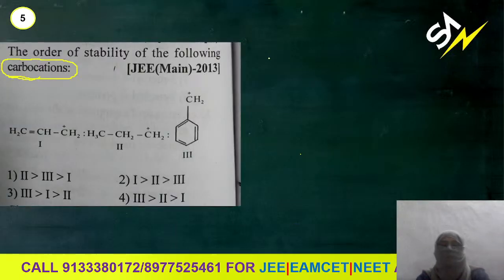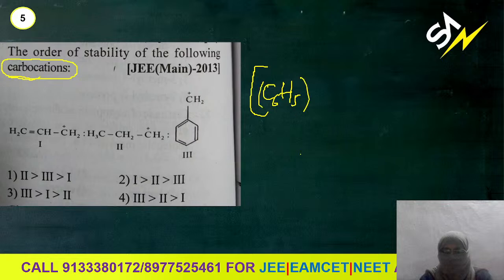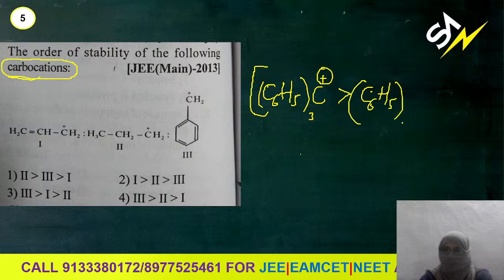I have not written it here, so I'll write one more stability order. Please remember that the stability order for carbocation is C6H5 taken thrice, that is triphenyl, more stable than diphenyl, followed by phenyl, that is benzyl also you can say.